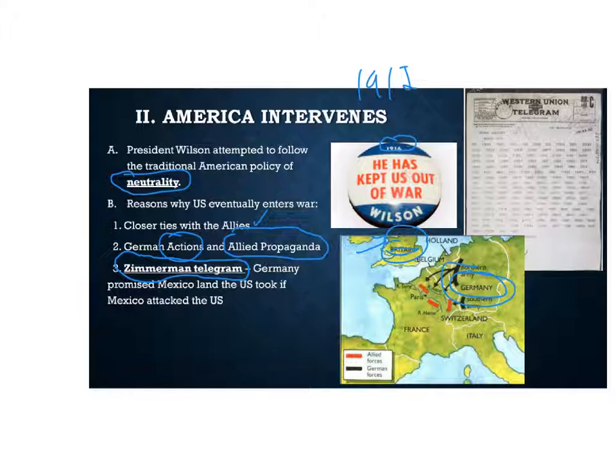That was a deal that they had struck. They were trying to get with Mexico. It was intercepted and published, and again, Americans hate Germans even more. Clearly, they're trying to conspire and get other countries to attack us. So you can see why eventually, even though we were trying to stay neutral from the very onset, it's very debatable if we actually were staying neutral.